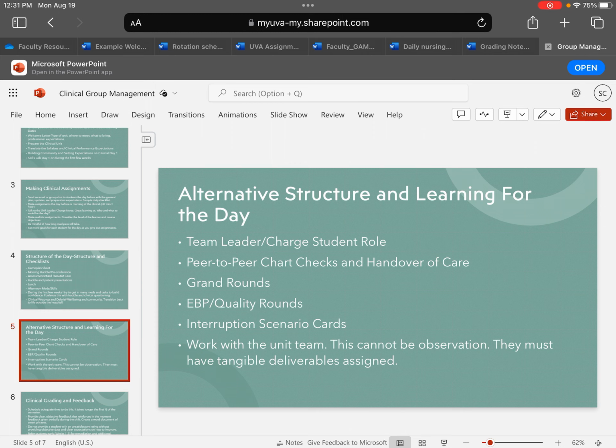I created a grand rounds experience where I got a computer on wheels and we saw all 30 patients on the particular unit, and I showed them and role modeled a couple of times how I would navigate through the patient's electronic health record, and then how I would make a plan to go in the patient's room, and then we'd all go and assess the patient, come back out, talk about the plan, and move forward. Very similar to medical rounds, but with a nursing high quality care delivery and patient safety perspective.